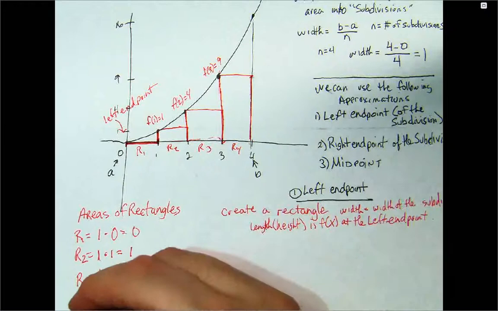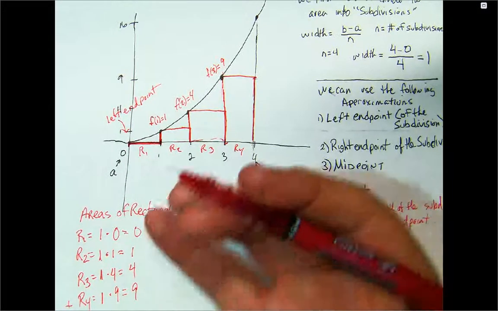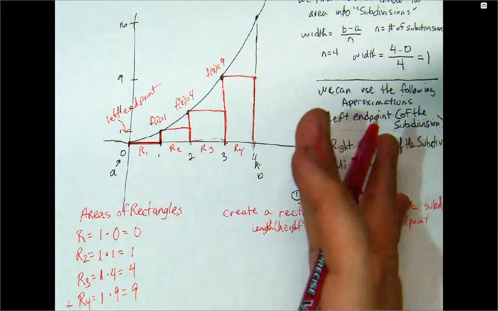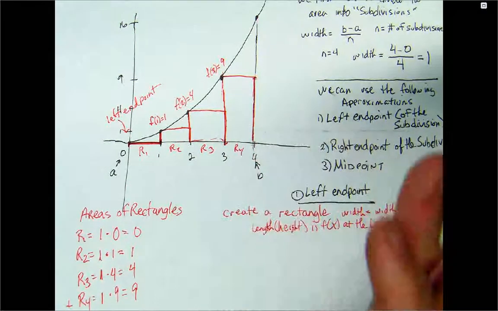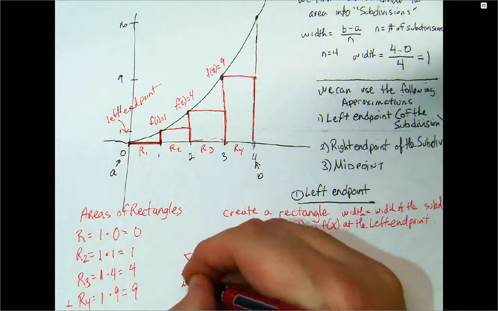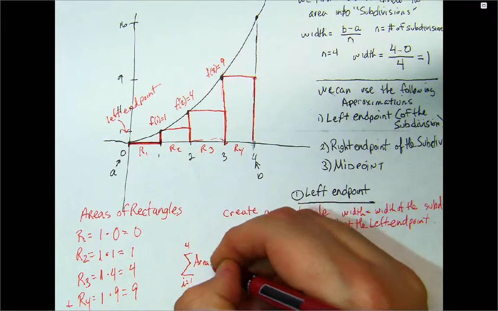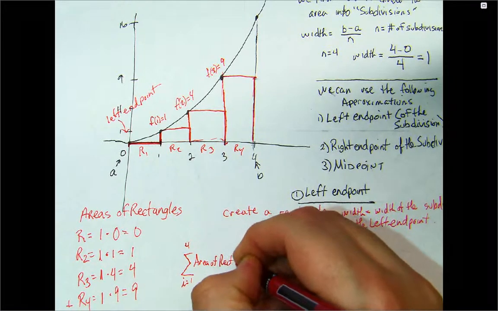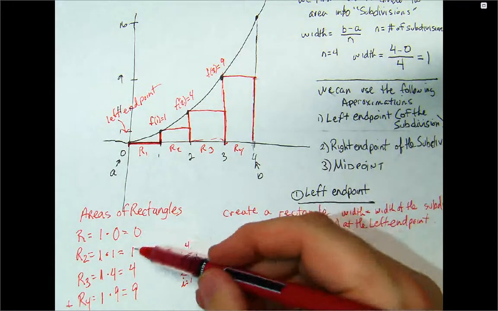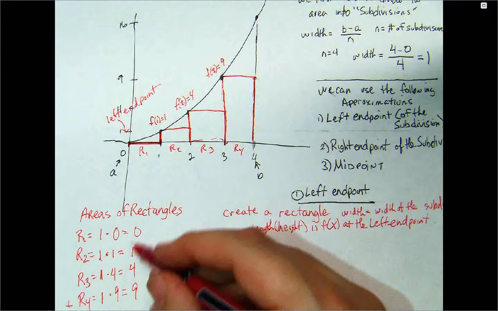And if I add these up, and this is why we did the summation, and we'll go over the summation probably tomorrow, because it wasn't that big of a deal. It's nice that you did it, but this is basically the summation, i equals 1 to 4 of the areas of the rectangles. So if I add these up, 0 plus 1 plus 4 plus 9, what am I going to get? 14.